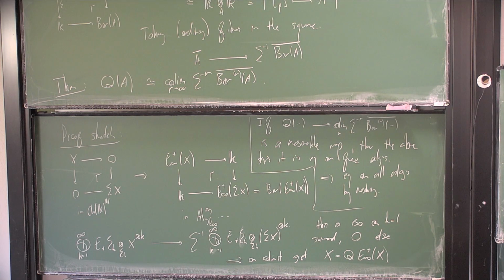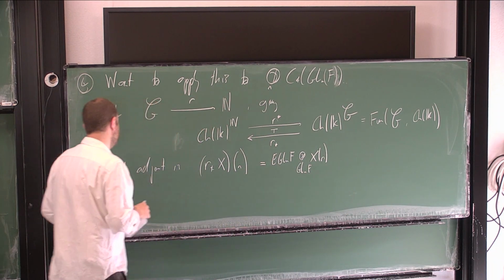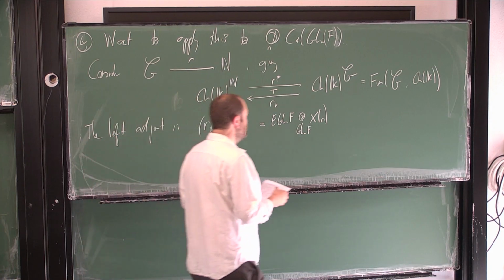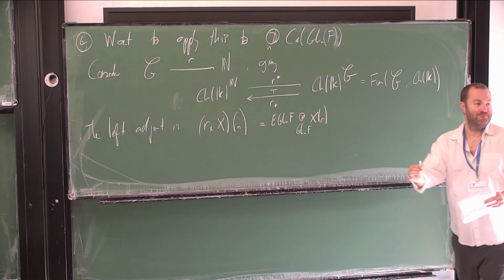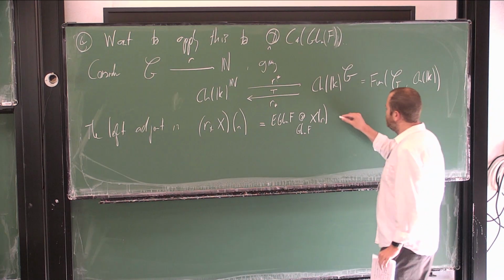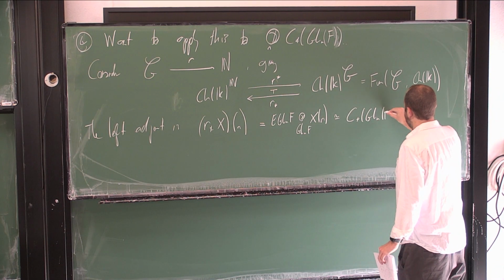If we were working in ordinary category theory, I would just literally tensor with k, but everything I'm doing is derived, and so you tensor with a free resolution of k. And this would just be BGL_n tensor X? Yes, so you could write this, if you like, as chains on GL_n(F).